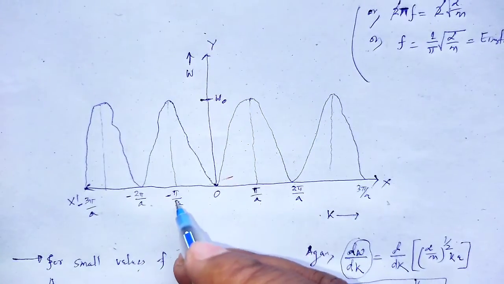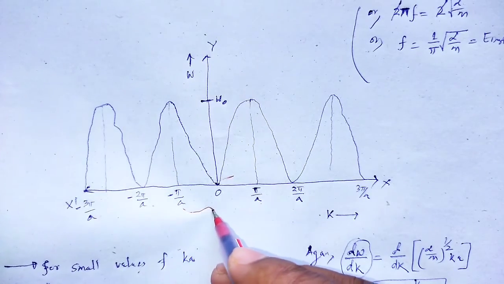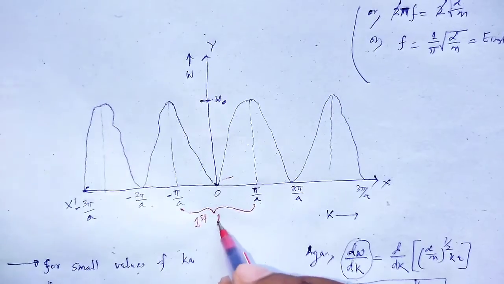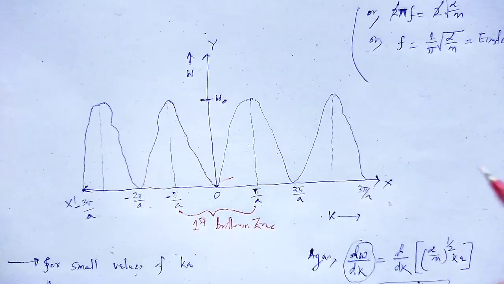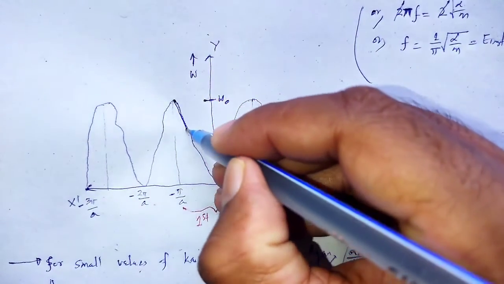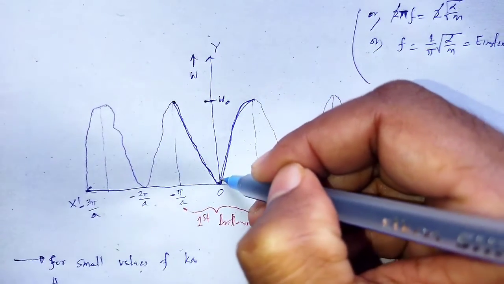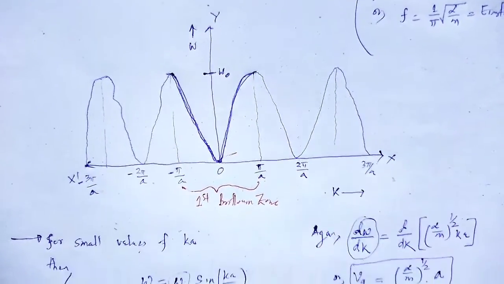This is pi by a to minus pi by a. In this region of the graph we obtain the first Brillouin zone.